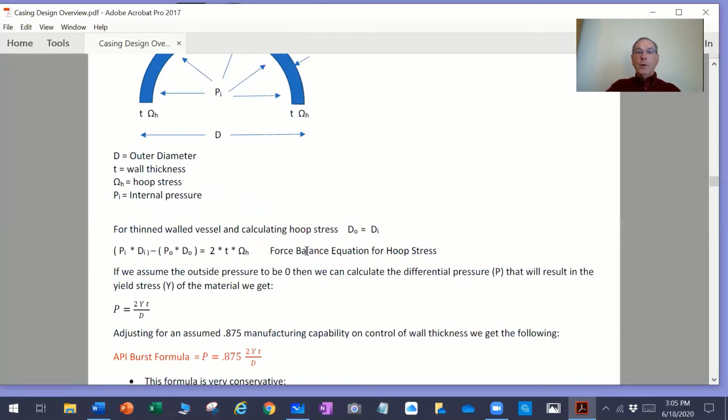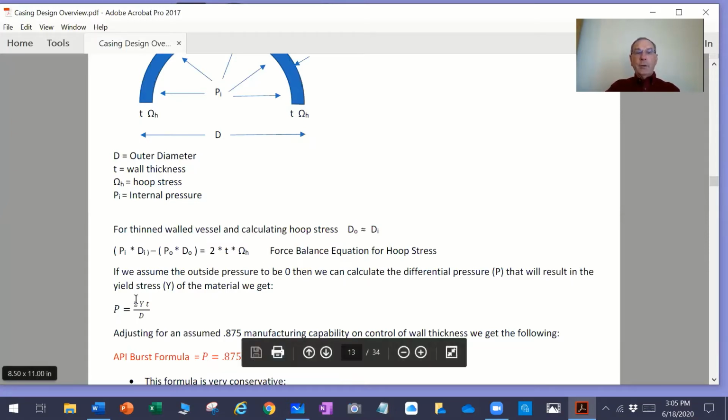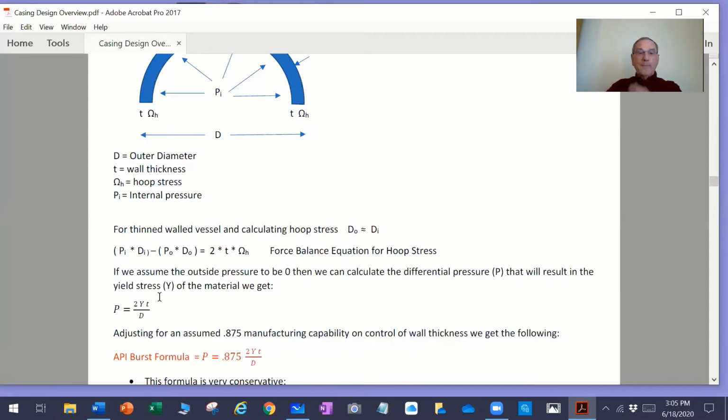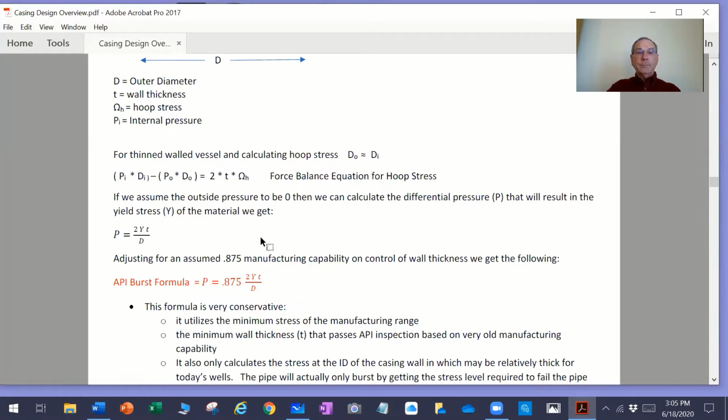So that's just a force balance equation for hoop stress on this. And if we solve this for pressure, assuming that the pressure on the outside is 0, then we will get the pressure is equal to 2 times the yield strength times the wall thickness divided by the outside diameter.